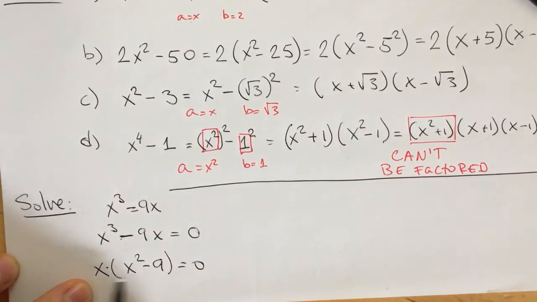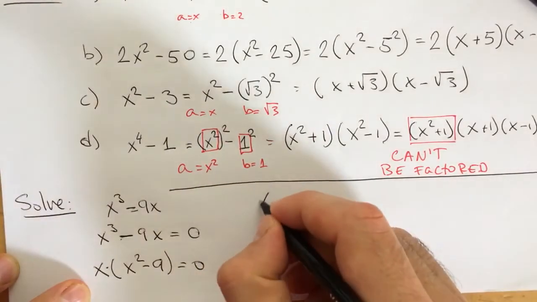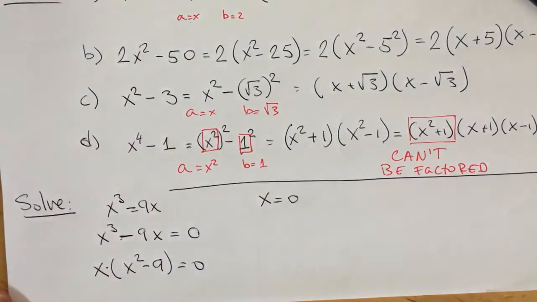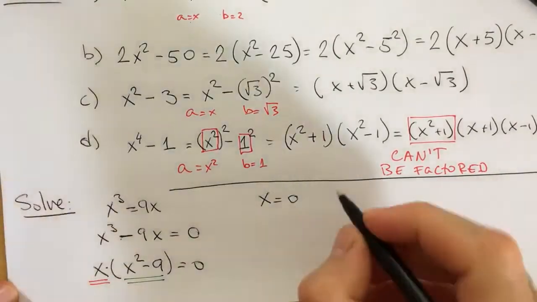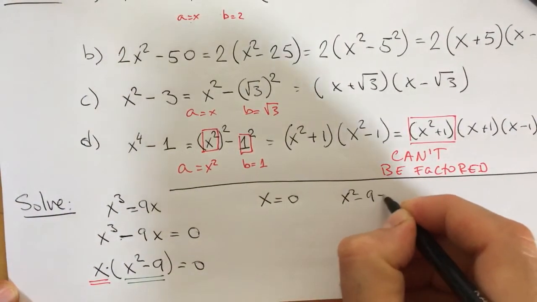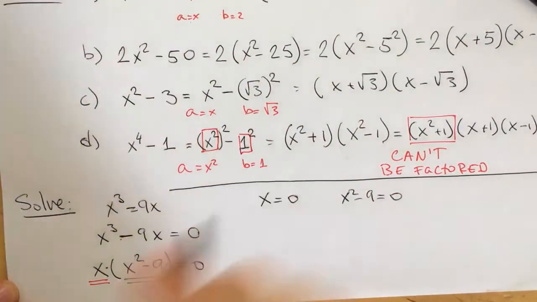In this case, both factors can be 0, right? So either x is 0, either this factor here is 0, or this factor here is 0, or x squared minus 9 is equal to 0.